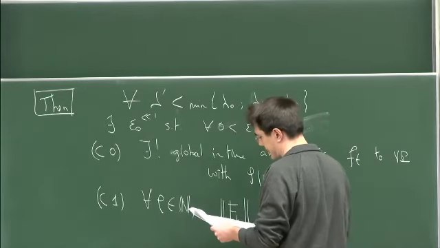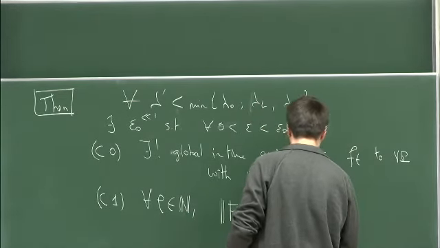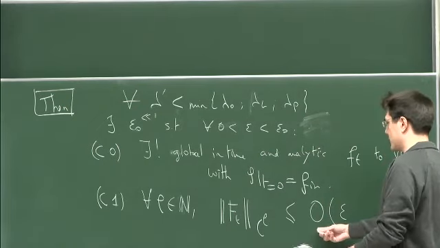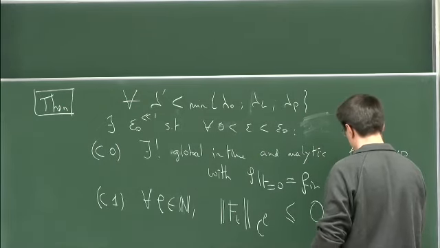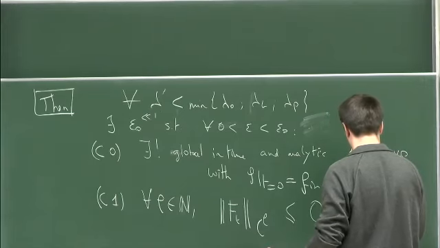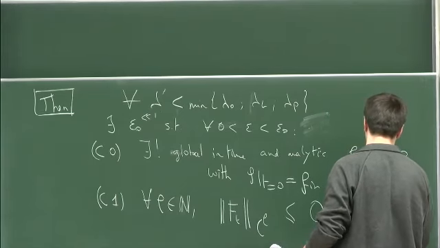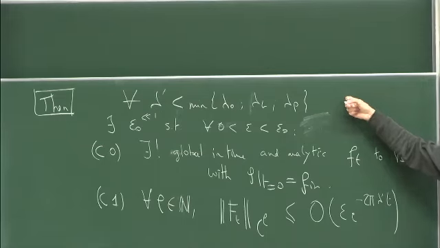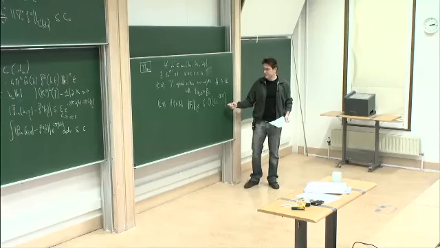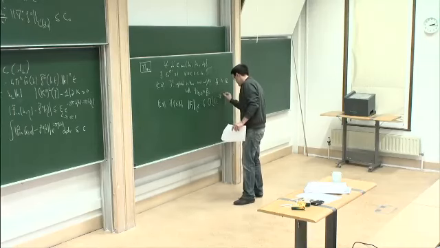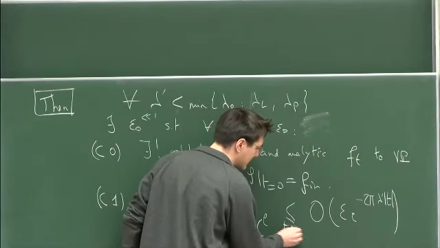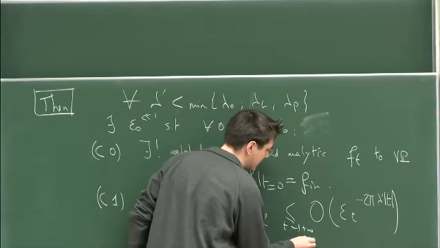It's a function of x only, and it decays like O of epsilon times O of exponential minus 2 pi lambda prime t, the lambda prime which is here. So we have the decay of the force field. And in fact, if I put modulus around t, this is true for t going to plus infinity or minus infinity.